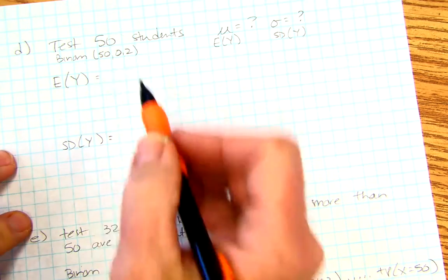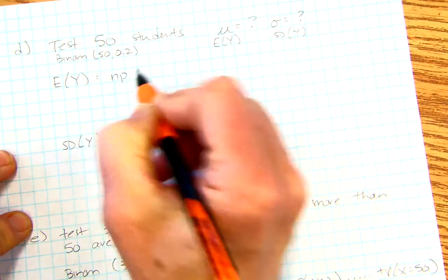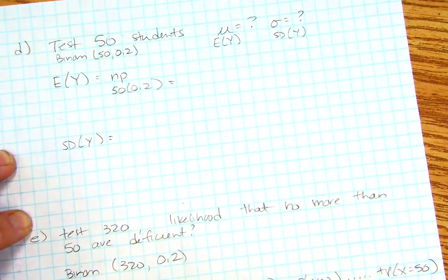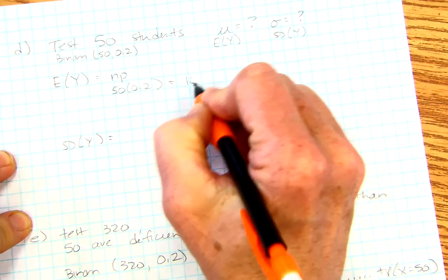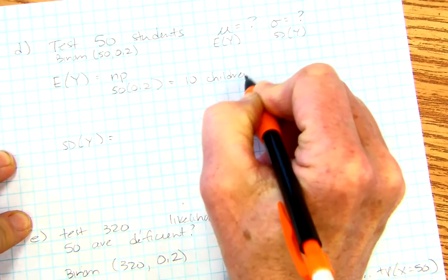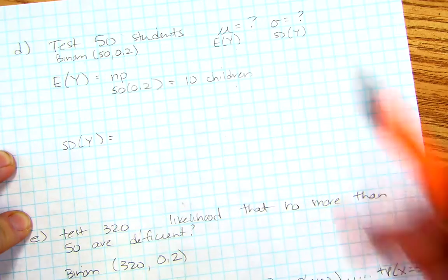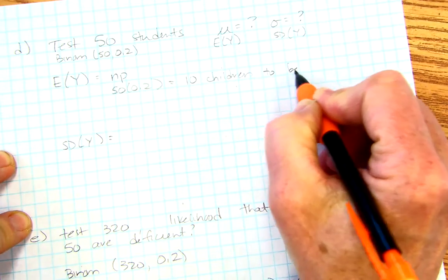So this is pretty simple. This is just this idea of n times p. The number of trials in this case is 50 with a success rate of 0.2. And what does that give you? 10 children. So on average, if we test 50 students, we expect 10 children to be deficient.